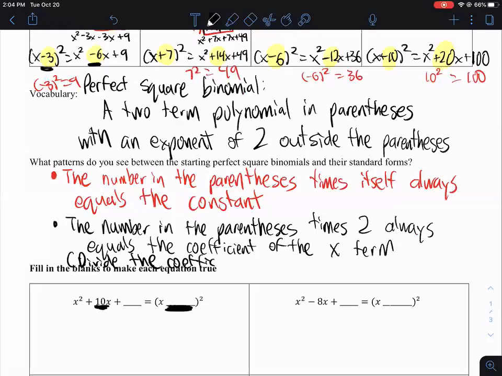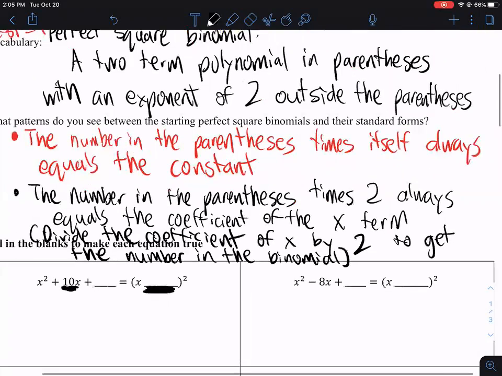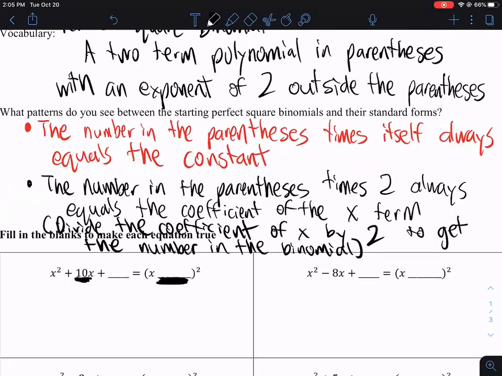Okay, so I'm going to rewrite the bottom rule, but sort of in the other direction. Okay, so hopefully you can read that. It says, divide the coefficient of x by 2 to get the number in the binomial.